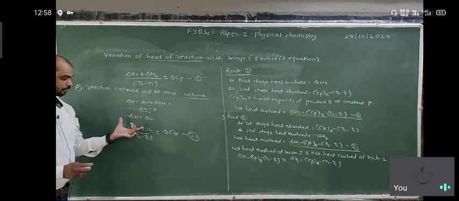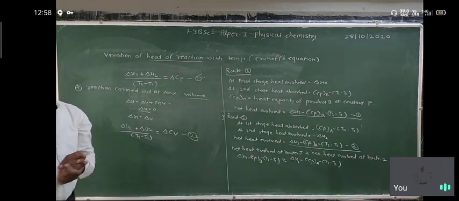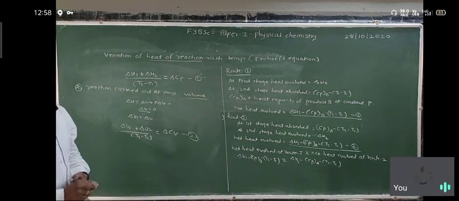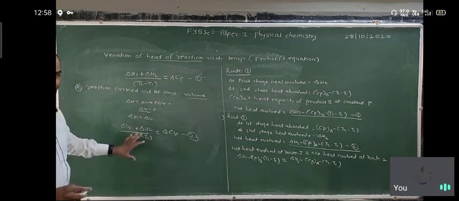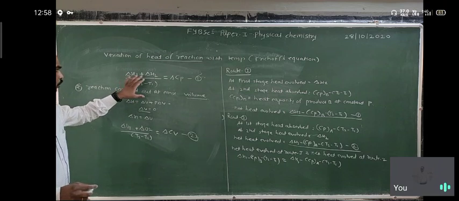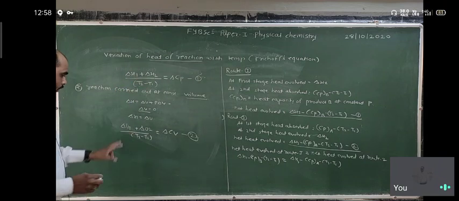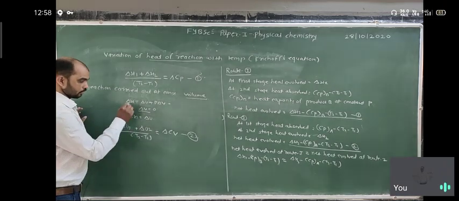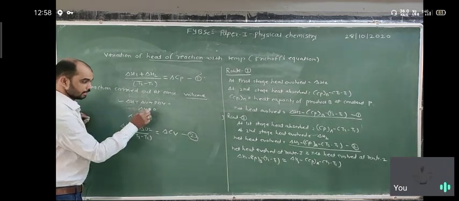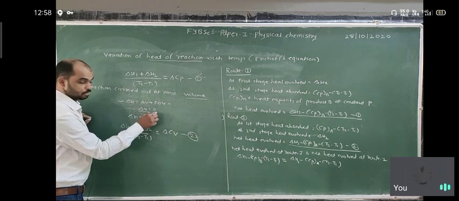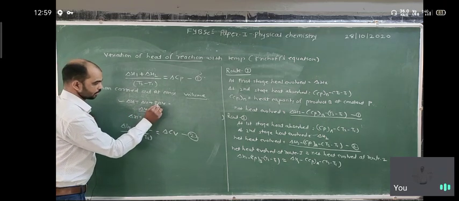So we get the equation delta U1 plus delta U2 or delta U2 plus delta U1, both are the same because there is a plus sign. Why do we consider delta U? Because change in volume is 0 as there is constant volume, so we neglect this one.